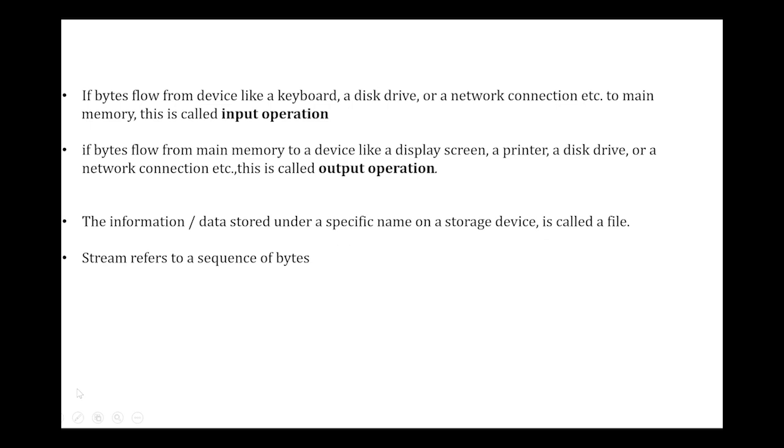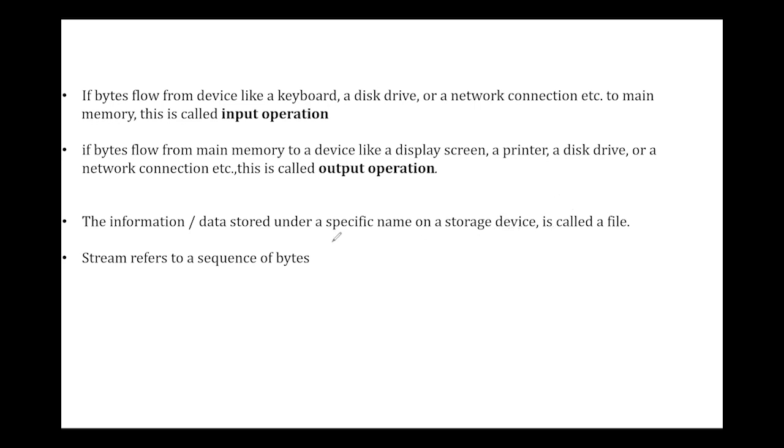Now, what is a file? The information or data stored under a specific name on a storage device is called a file. So now we are talking about streams. Data is flowing in a stream from a file.